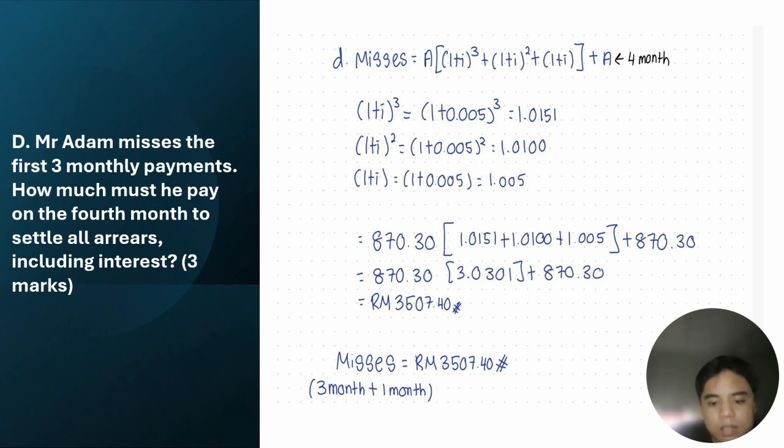And then we calculate it, and we're going to get RM 3,507 and 40 cents. The amount Mr. Adam needs to pay to settle the 4 months is RM 3,507 ringgit and 40 cents.